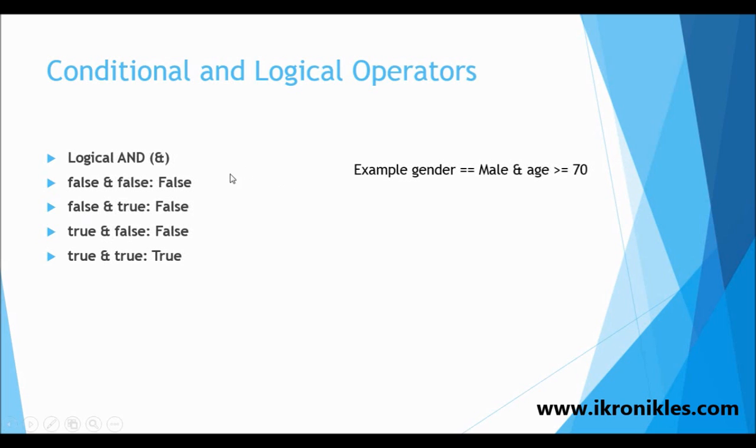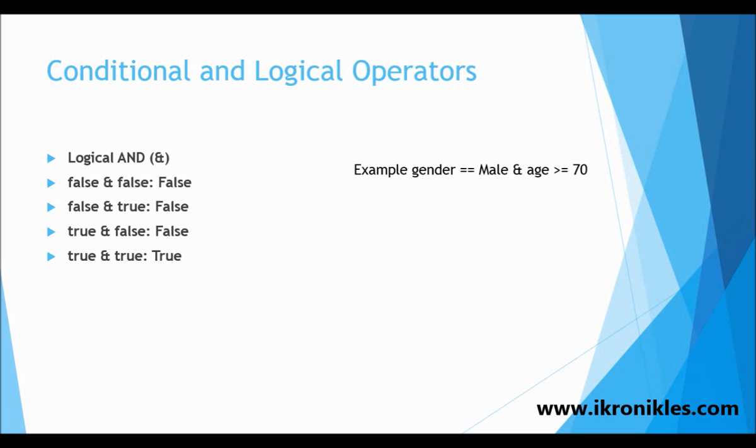Also, we have the logical AND. The logical AND and logical OR operators are similar to the conditional AND and conditional OR operators, with one exception. The logical operators always evaluate both of their operands. That is, there is no short-circuit evaluation.